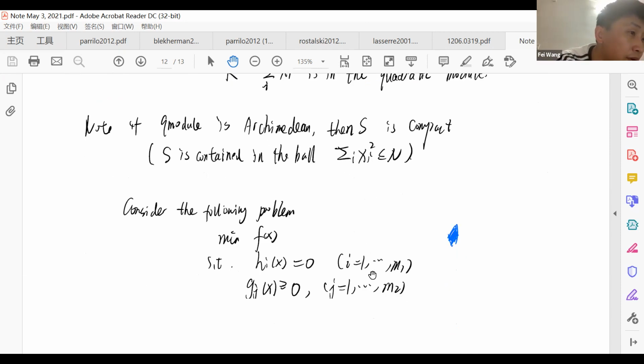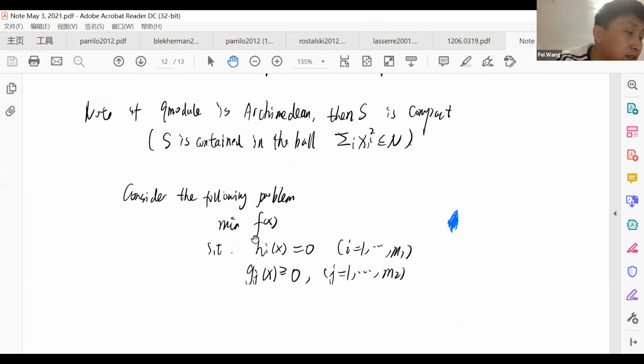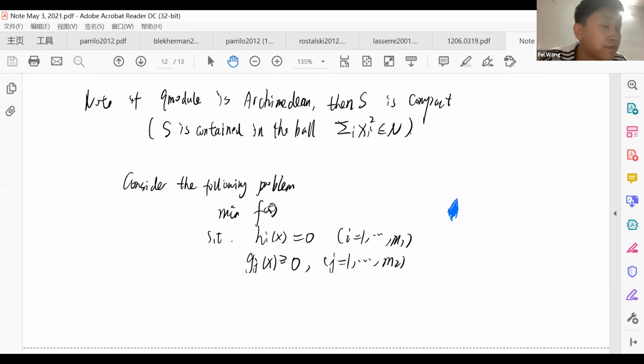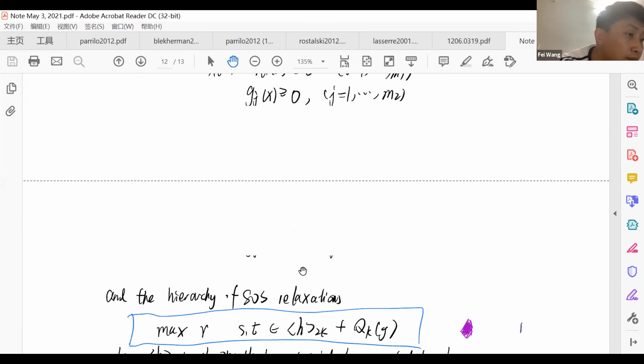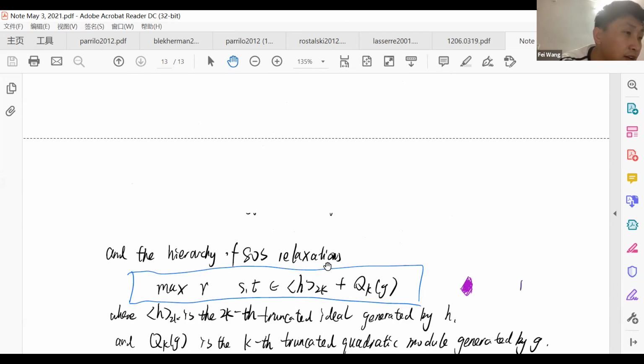So now we can study this general polynomial minimization problem: minimize f(x) such that h_i(x) equals 0, with m1 equalities, and g_j(x) is non-negative, with m2 inequalities. And then we consider this hierarchy of sum of squares relaxations.